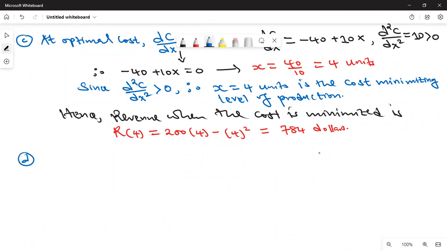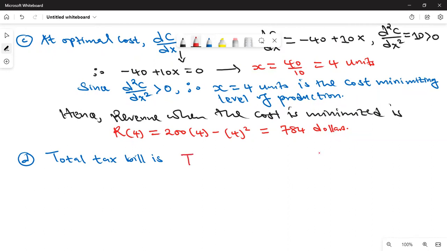Of course, if the government imposes a lump sum tax of L dollars per each unit sold, the total tax bill is, I'm going to call it T capital to mean the tax.